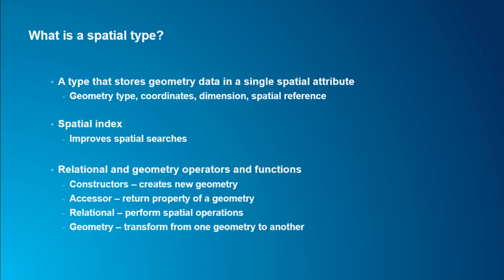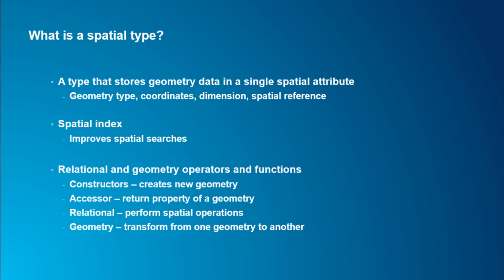So what is a spatial type? The textbook definition is it's an object which stores the location, shape, and properties of spatial data. With a spatial type, you get things that come along with it, like a spatial index, which allows you to search it in a fast, efficient manner. And you have a number of properties which you can access through your spatial type, things like properties which return information about the spatial type. What's the spatial reference of your feature?